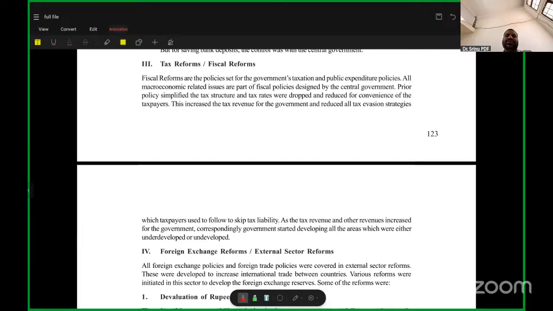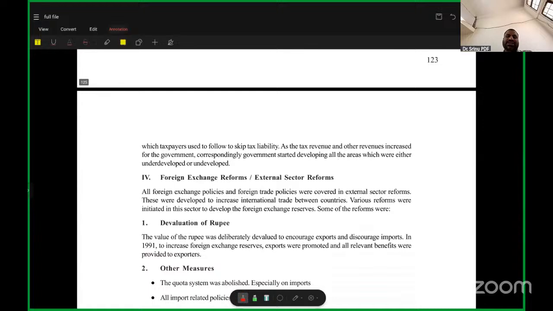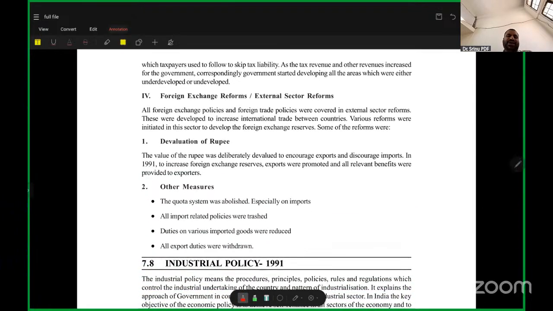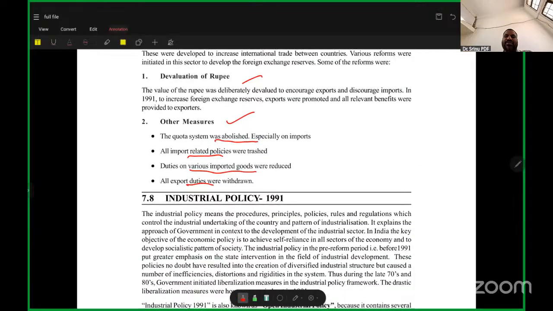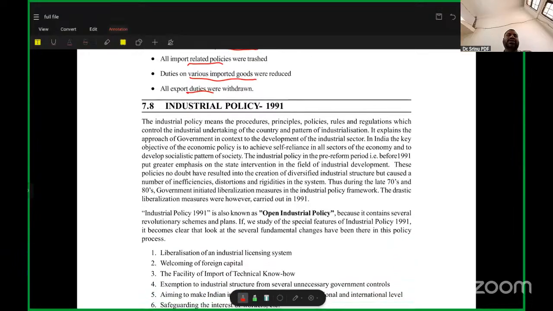The policy simplified the tax rate structure, targeted to improve the convenience of taxpayers. Next, foreign exchange reforms and external reforms: devaluation of the rupee and other measures. Quotas were abolished, along with import related issues, various imported goods, and all export related matters. All these happened because of liberalization.